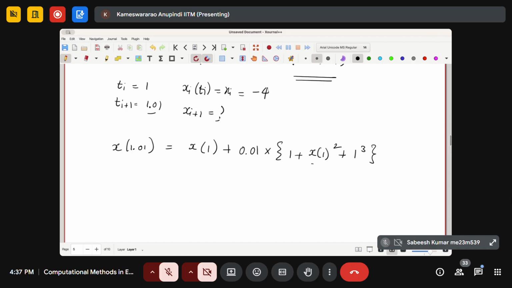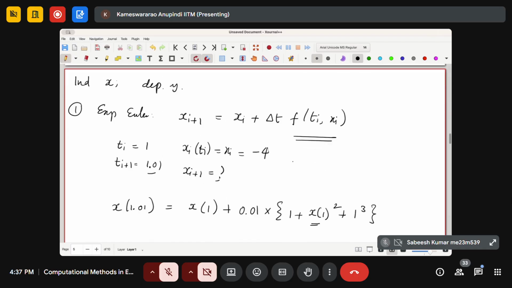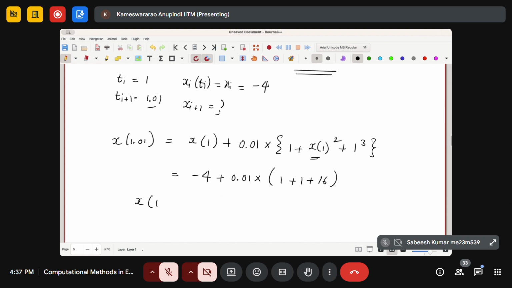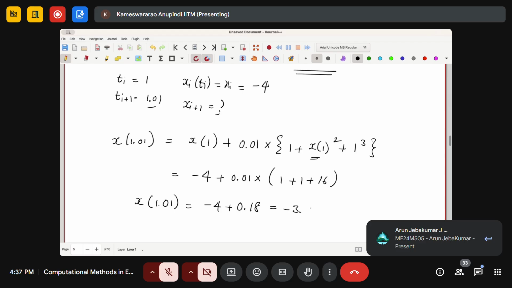So what is x of 1? x of 1 is given as -4. So this value is going to be -4 plus 0.01 times 1 plus 1 coming from here, and then plus 16. This x of 1 is -4, this is 16. So you can calculate x of 1.01 as this quantity. That is going to be -4 plus 18 times 0.01, that is 0.18. This will be some minus 3.82 or something. So that is the value we got.